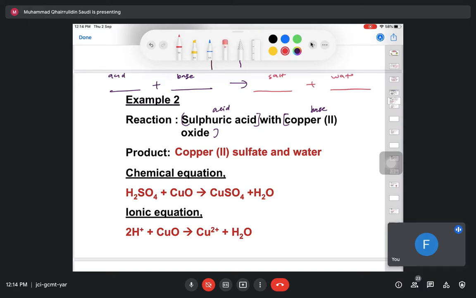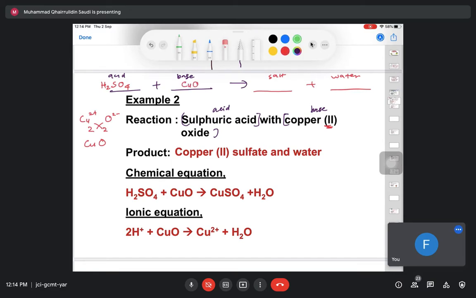You already know this one. Now we will just have to write down the name. Okay, let's say sulfuric acid and copper 2 oxide. So sulfuric acid punya formula is H2SO4. This one you should already know and memorize lah. Okay, copper oxide, dia bagi tahu copper 2 oxide. If you don't know the formula, you know copper 2 is Cu2 plus, oxide is O2 minus. 2 and 2, and then you cross multiply, you will get CuO. So the base is CuO.